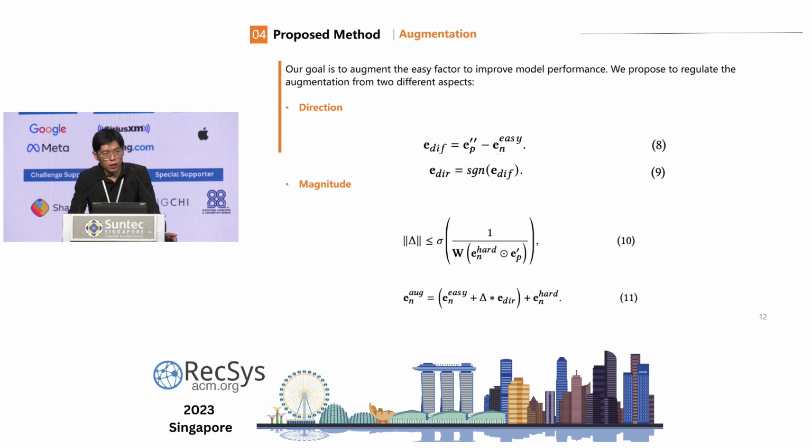First, we generate noise data from a uniform distribution, and we restrict the data to be smaller than a margin. The margin can be calculated by equation 10. The intuition is that a higher similarity between the hard factors suggests that the negative item already contains much useful information. Thus, we should augment it with a smaller magnitude.